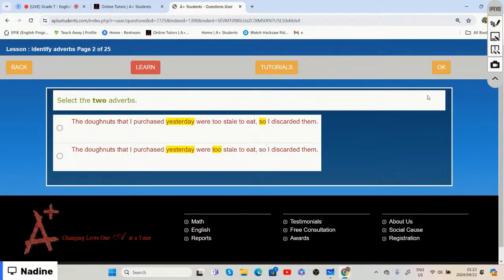All right, and if we choose the correct one, we can say the donuts that I purchased yesterday were too stale to eat, so I discarded them. We need to choose the first option or the second option.